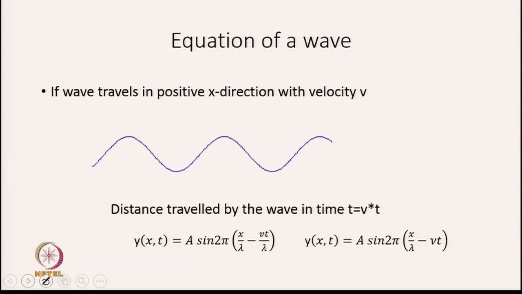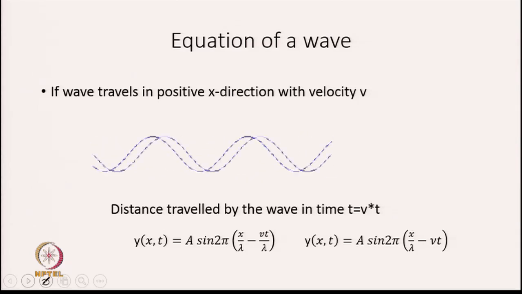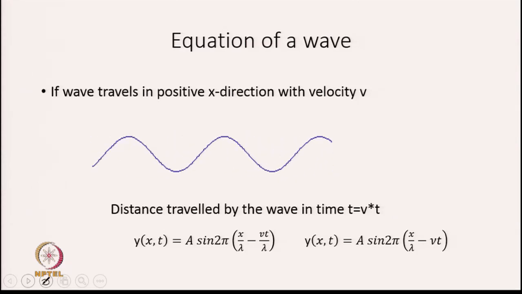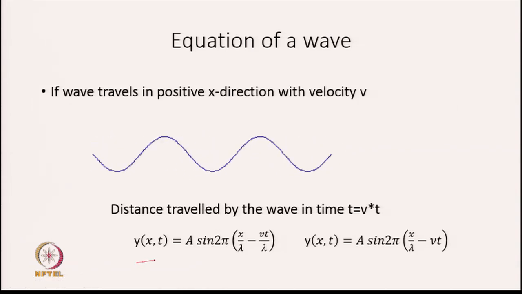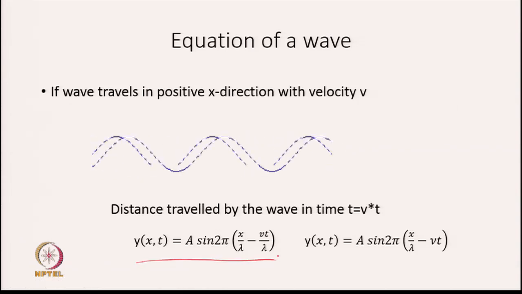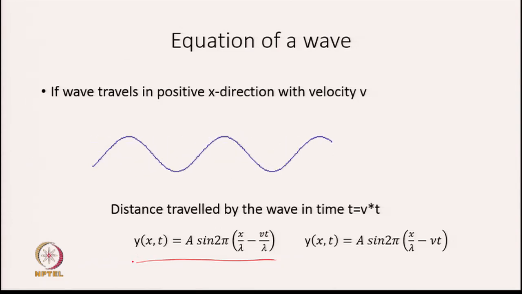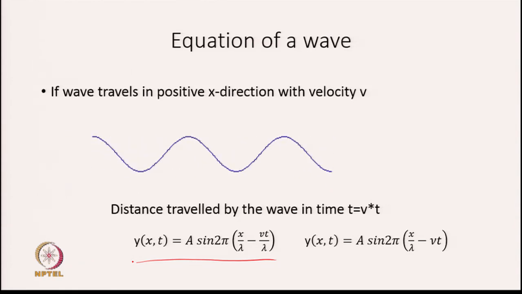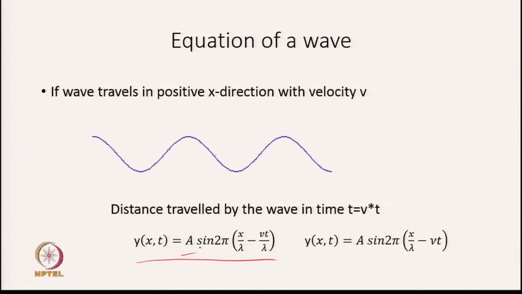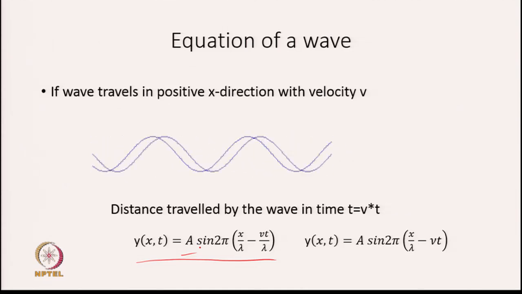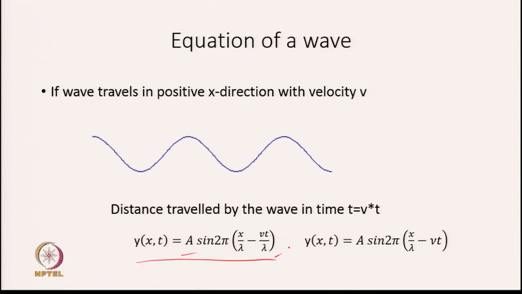If you recall, in the last lecture I told you that a wave travelling in the positive x direction with velocity v will be given by this sine function. So, the vertical displacement in the y direction will be given by a constant multiplied by sine 2 pi times x by lambda minus v t by lambda.